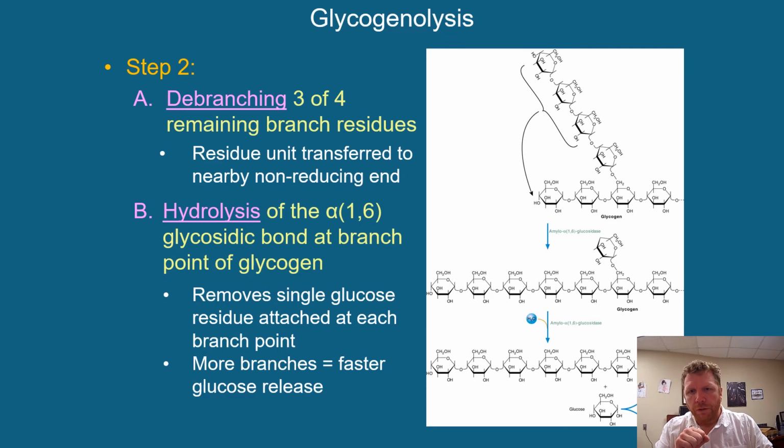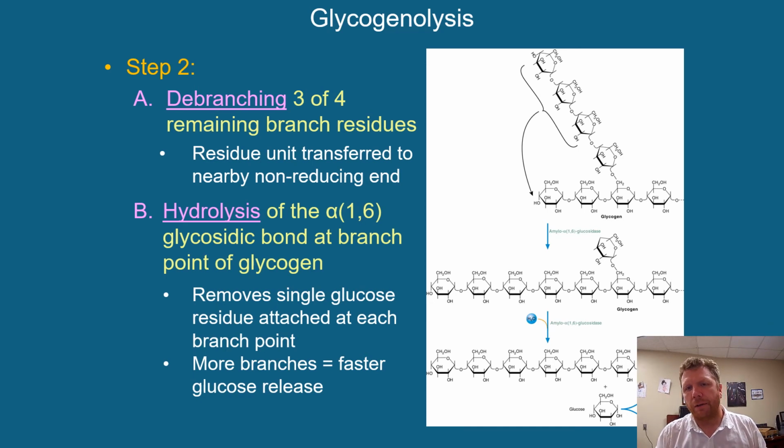Cleaving off individuals and then dealing with branches. So the first part is, well, break individual glucose molecules off in the form of glucose 1-phosphate, then deal with the branches. Now, an enzyme involved in that process is known as the debranching enzyme. And what the debranching enzyme is going to do is it's going to take over where glycogen phosphorylase says, hey, there's 4 residues, 4 glucose residues on this branch.